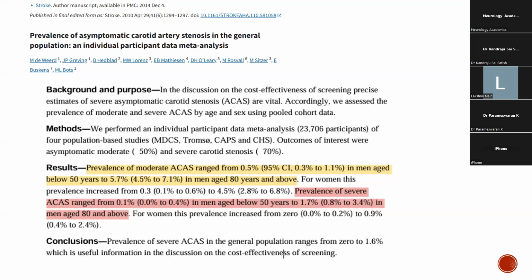And for women, this prevalence increased from 0.3 to 4.5%. The prevalence of severe asymptomatic carotid artery stenosis ranged from 0.1% in men below the age of 50 years to 1.7% in men aged 80 years and above.